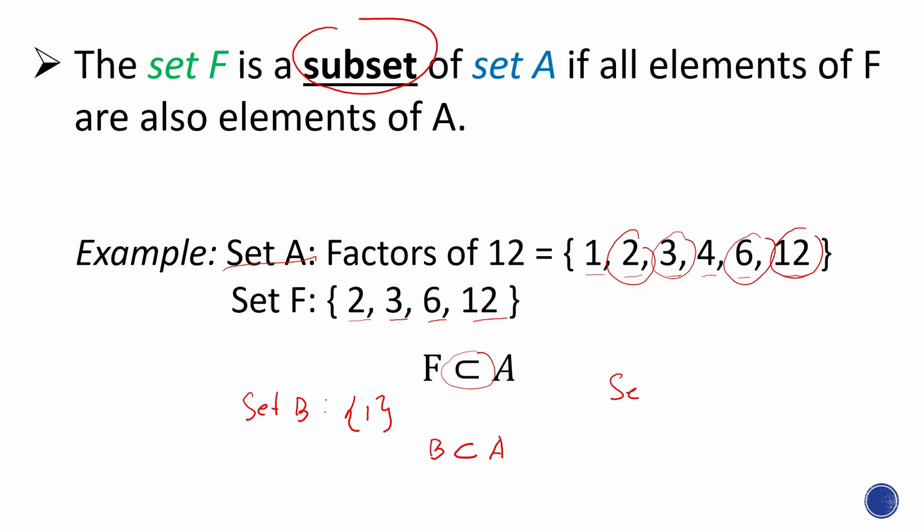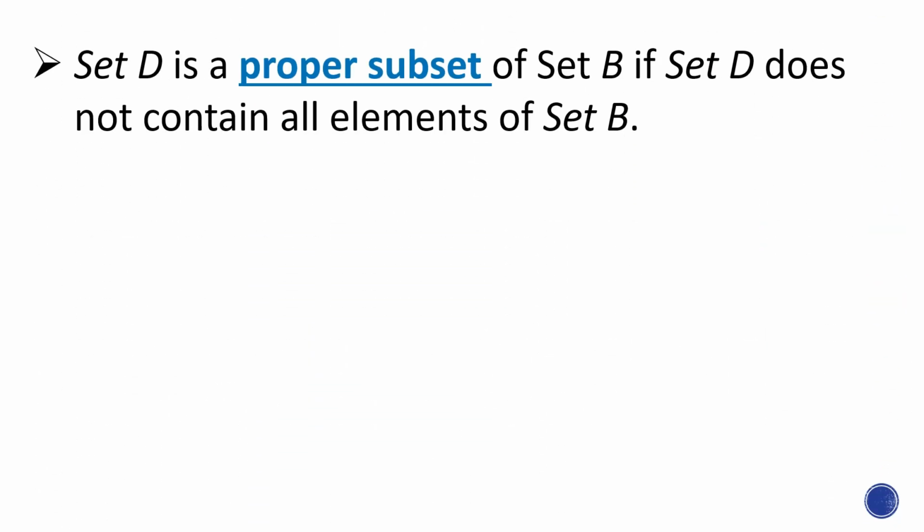For example, we have set D, and the elements of set D are 3 and 6. Now 3 and 6, which are the elements of set D, are also elements of set A. So we can say that D is a subset of A.